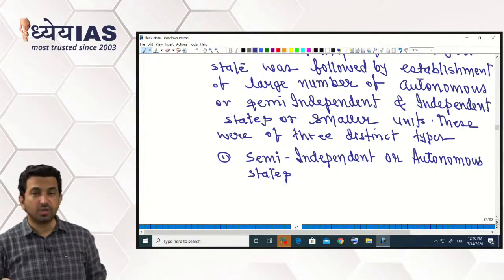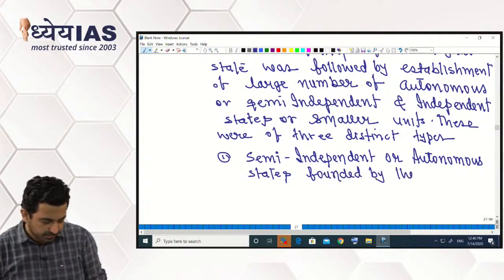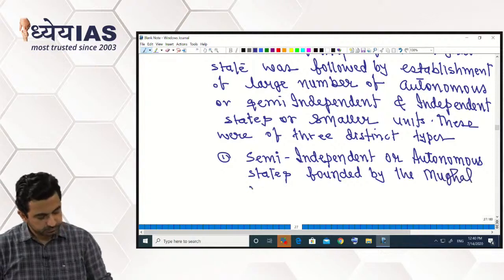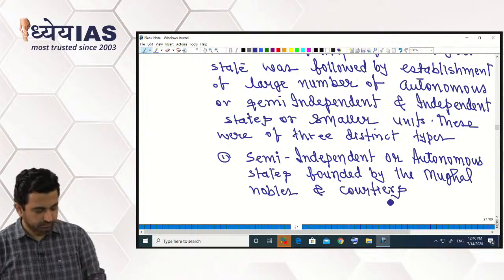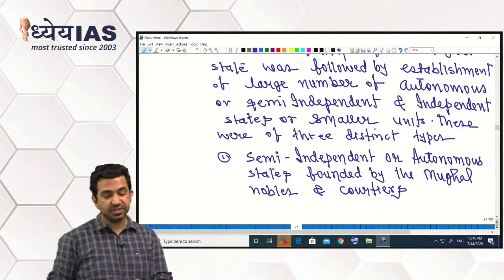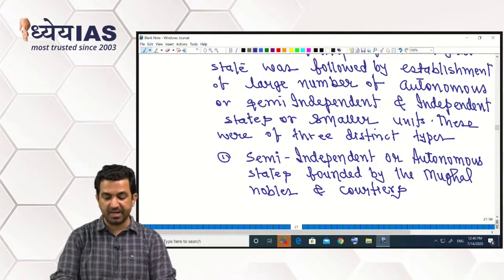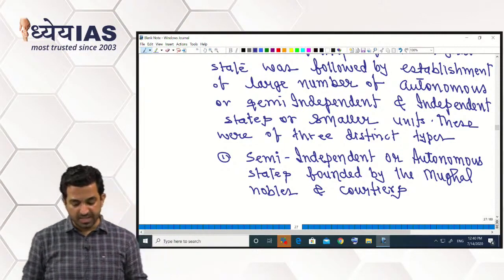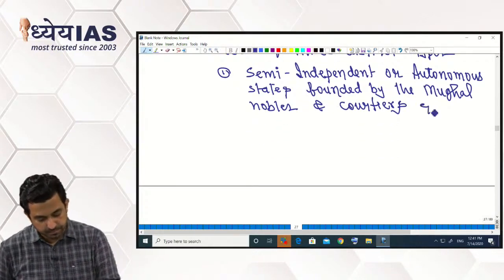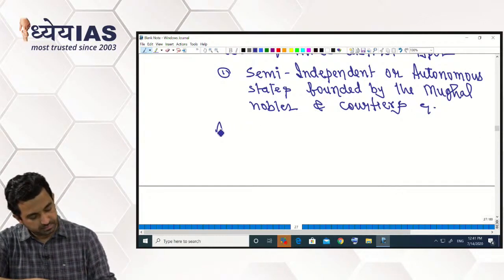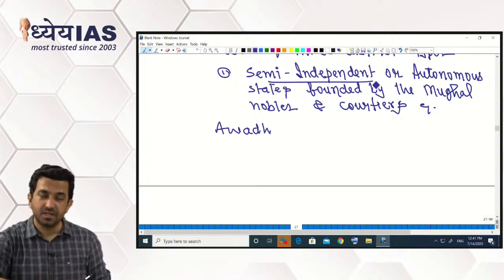First one, semi-independent or autonomous states founded by the Mughal nobles and courtiers, such as Awadh.